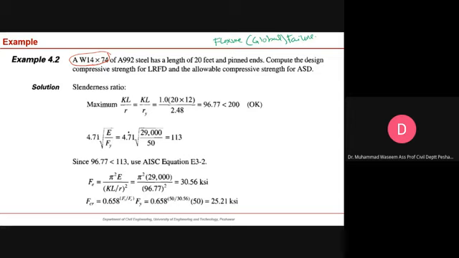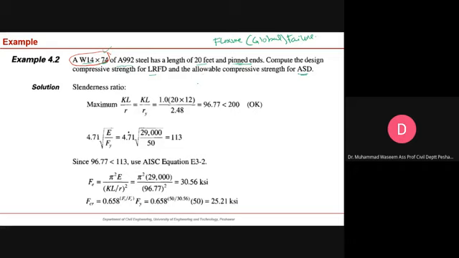Now you can see that there is a wide flange section. The material type is A992 steel, and the length of this member is 20 feet. In the statement you can see that the pinned end support condition is also given, and you are supposed to calculate the compressive strength of this member based on the LRFD and ASD approaches.